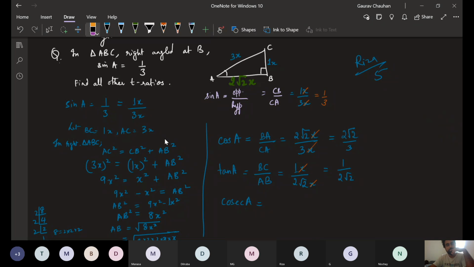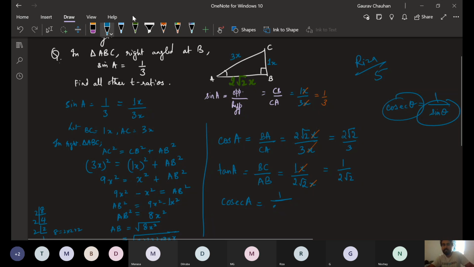Cosec theta is equal to 1 by sine theta.